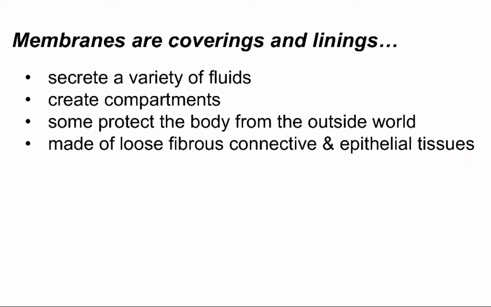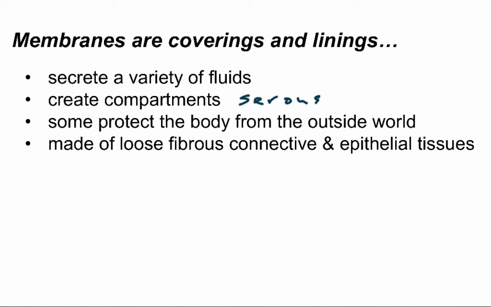So in general, membranes are coverings or linings. Often the inner layer of these tissues includes epithelial cells. They can be modified, like a lot of epithelium, to secrete fluids. They're used to create compartments inside the body, and examples we've already talked about are serous membranes.